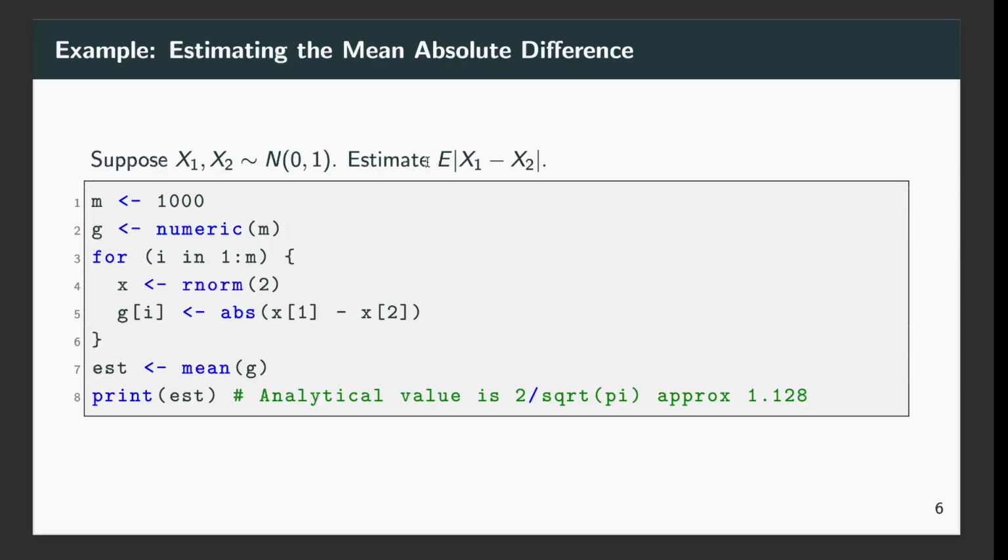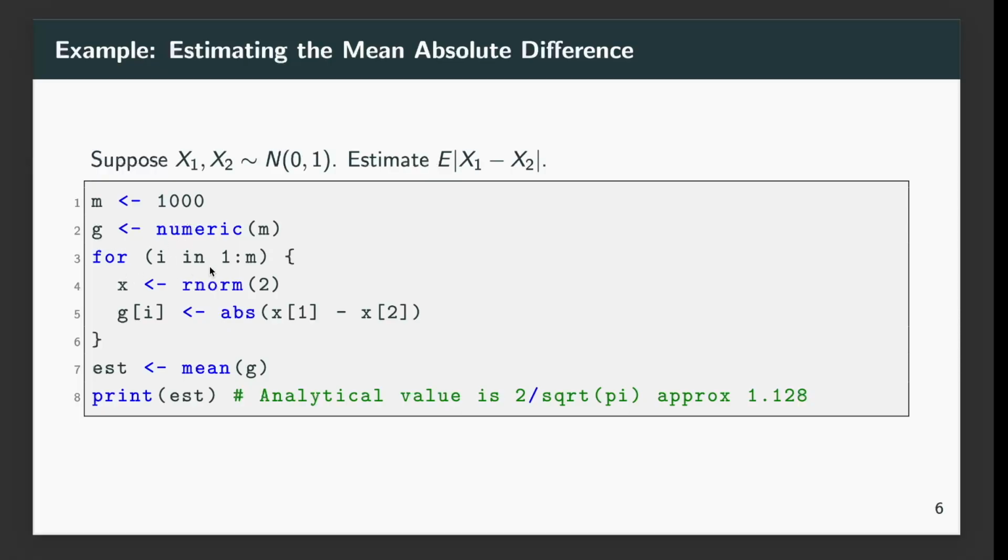We want to estimate the expected value of the absolute value of x1 minus x2. First we set m equal to 1000, which is our number of replicates, and then we create a numeric vector g, an empty vector of length 1000. So we write g equal to numeric of m, and next we use the loop function.